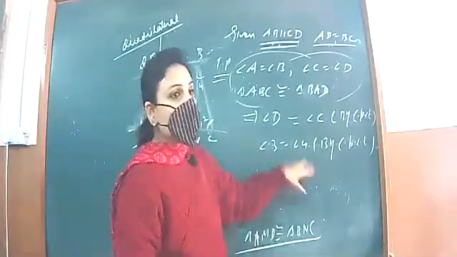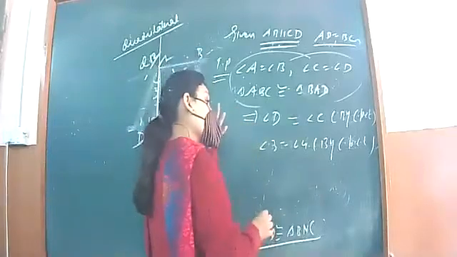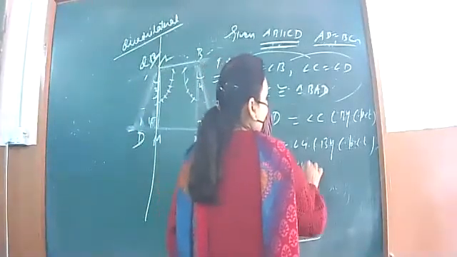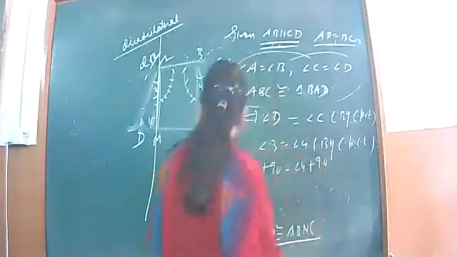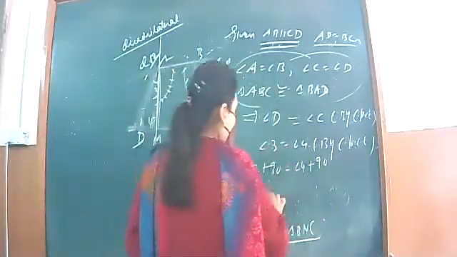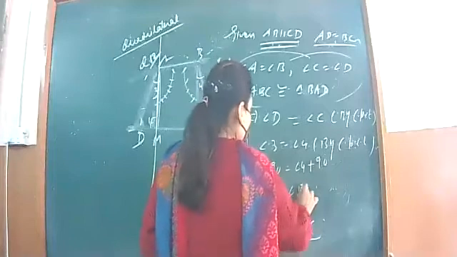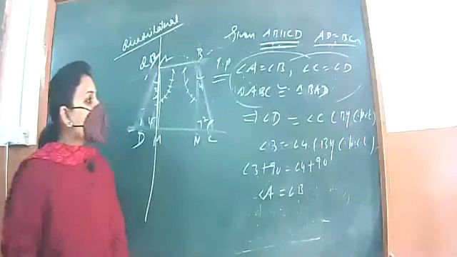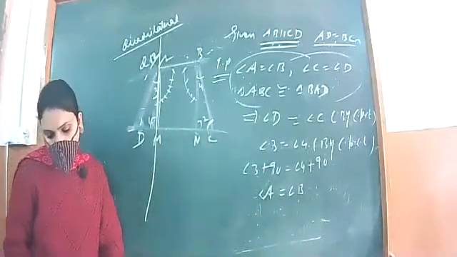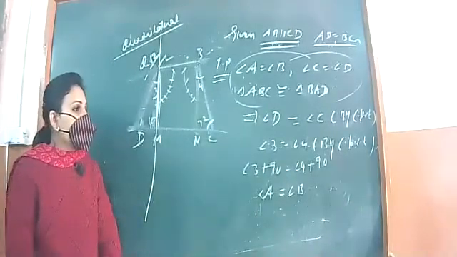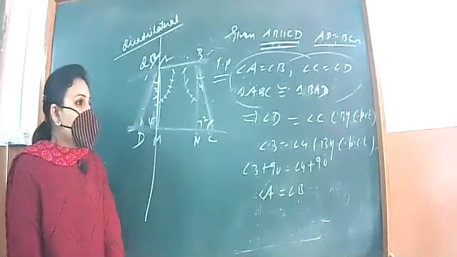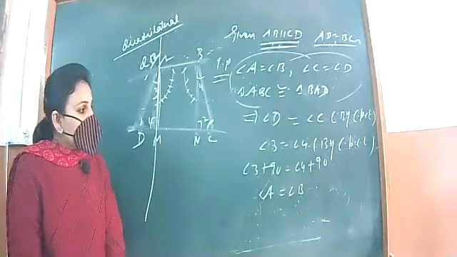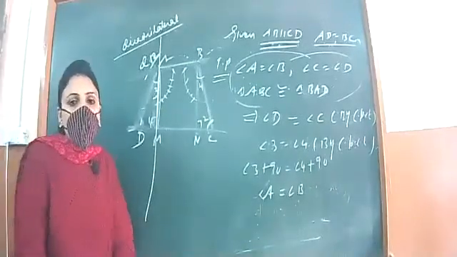So you are having 3 equal to 4. So adding 90 to both sides, you will be having 3 plus 90 is equal to 4 plus 90. So 3 plus 90 gives you angle A, 4 plus 90 gives you angle B. So this is A equal to B and C equal to D.